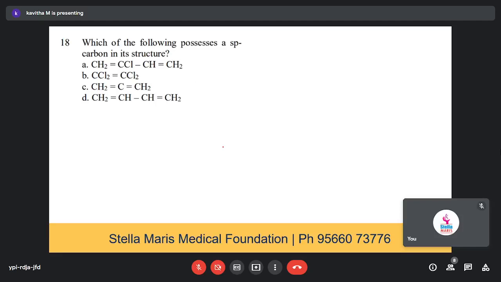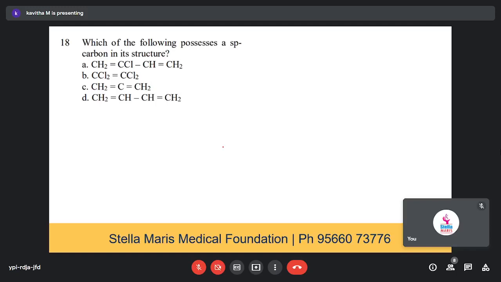When you go for structure A, one pi bond is there and two hydrogens. It is triangular, so it is sp2 hybridization. The second, third, and fourth carbons are also sp2 in option A. When you go for B, again both the carbons are sp2.